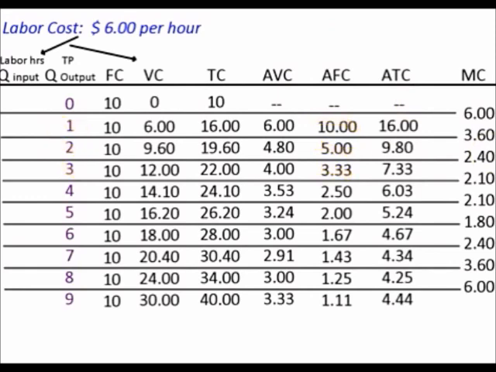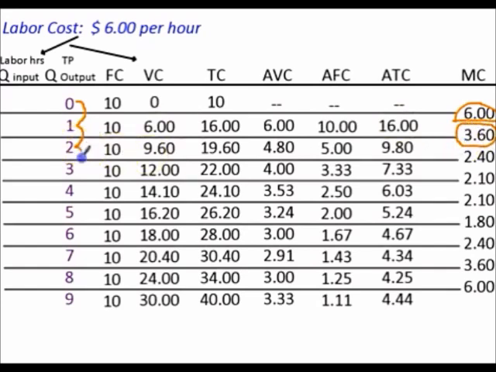Label each clearly. Okay? The last thing you're going to do is plot the marginal cost. This is the oddball. Midway between 0 and 1 on the x-axis, plot 6. Midway between 1 and 2, quantity of output, at 1.5, plot 3.6.